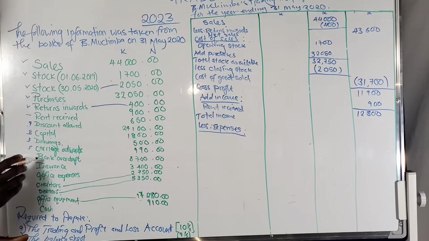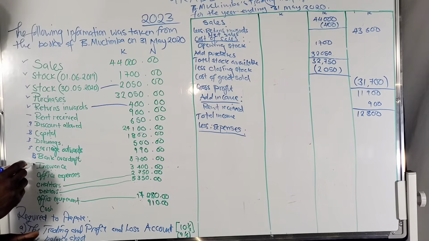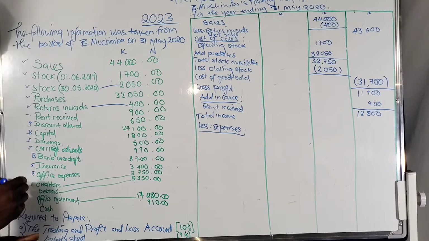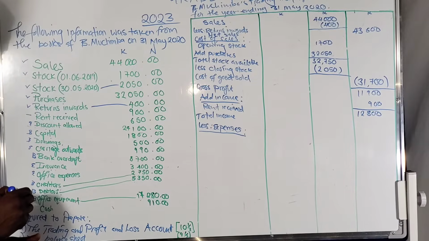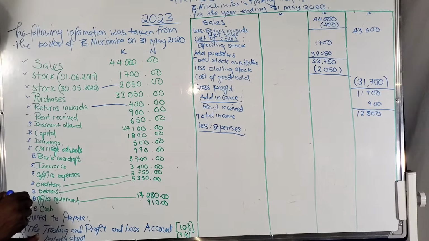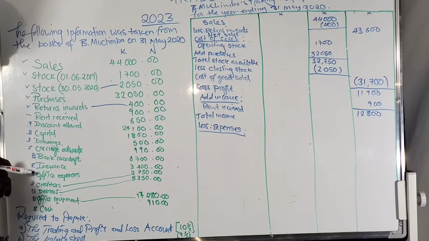Expense. Bank overdraft is balance sheet. Insurance is expense. Office expense is an expense. Creditors, balance sheet. Debtors, balance sheet. Office equipment, these are fixed assets, balance sheet. Cash, these are current assets, balance sheet. So you only have 1, 2, 3, 4.